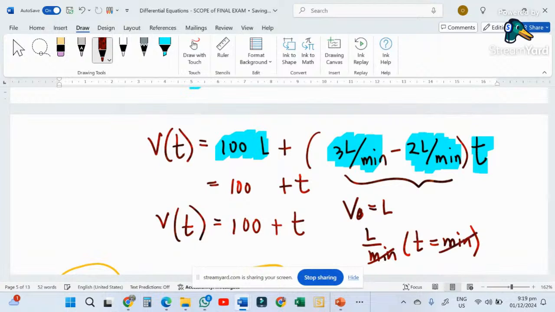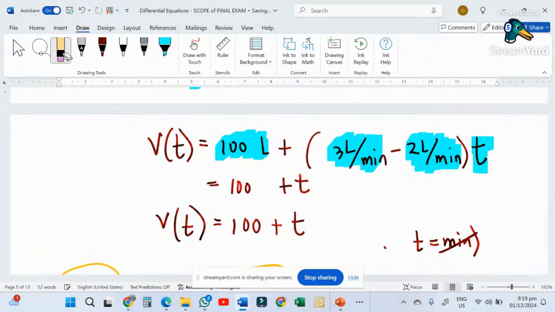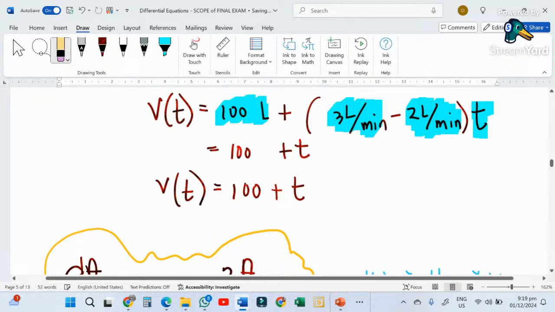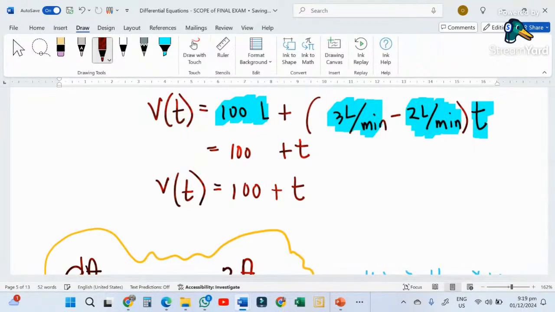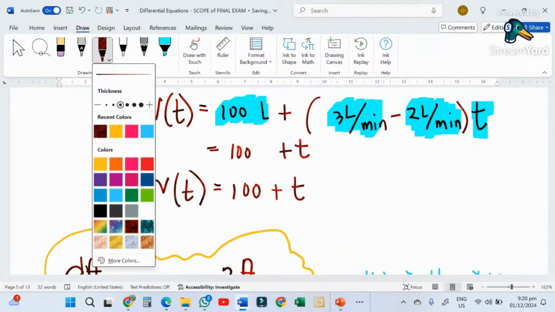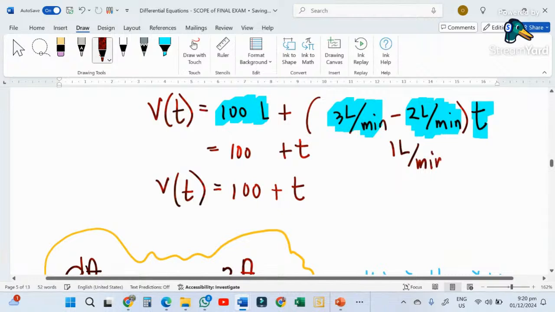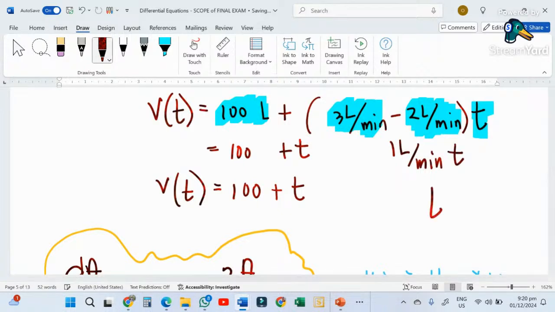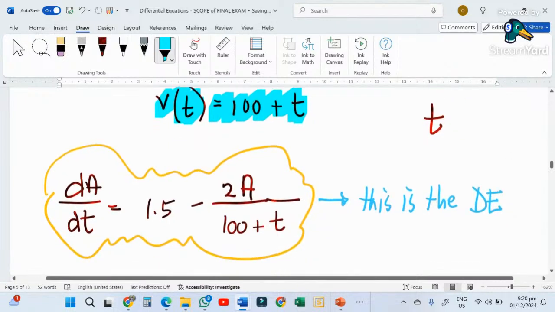The minutes cancel out, so the unit will be liters added to liters. So the volume will be in liters, if you are using liters as your volume unit. So 3 minus 2 liters per minute is 1 liter per minute times t, or simply t. That's why we have V of t is equal to 100 plus t.